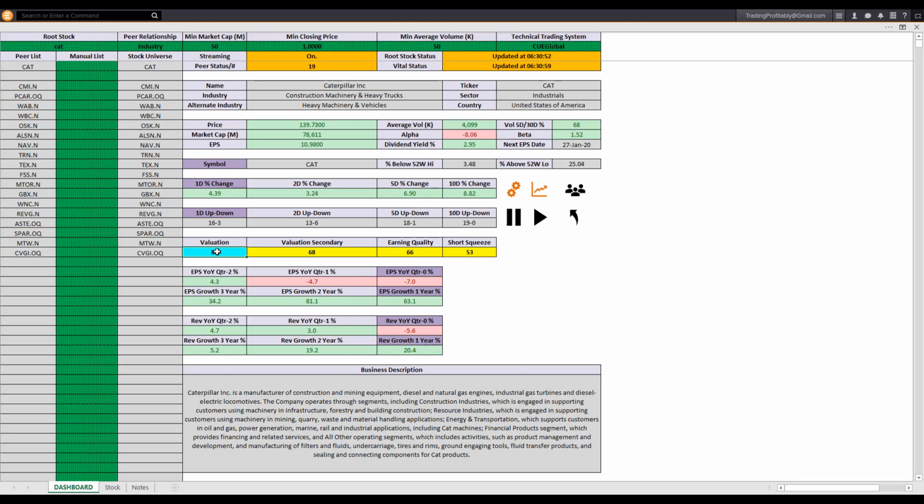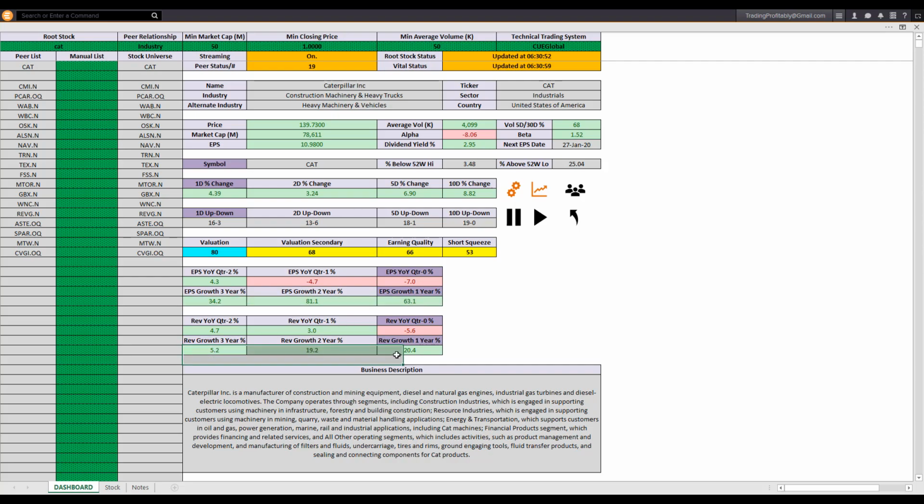Fundamentally, from the snapshot, you can see that the valuation is optimal. Over yearly periods, it has robust earnings growth, though over the recent quarters, there is negative earnings growth. Overall, it is looking bullish. Valuation is undervalued. It has yearly earnings growth.